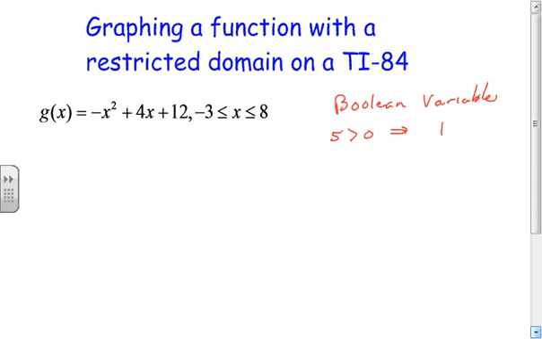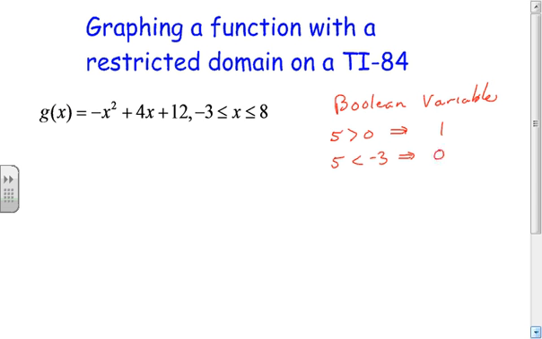If I say 5 is less than -3, that is a false statement, so it's going to produce the output 0.